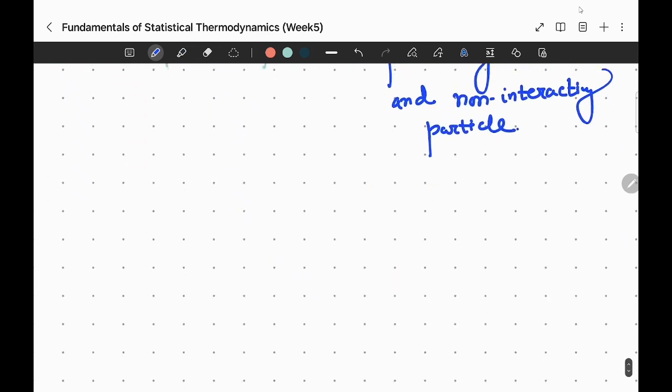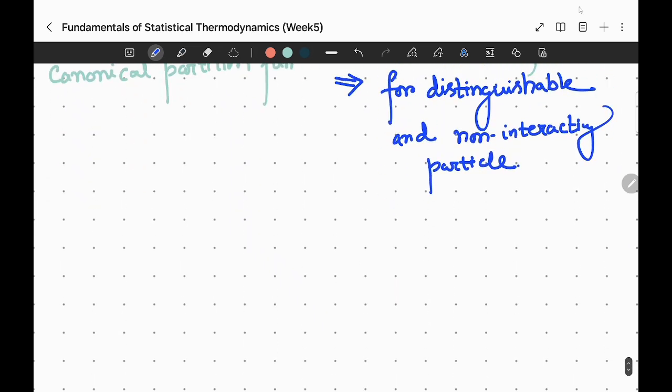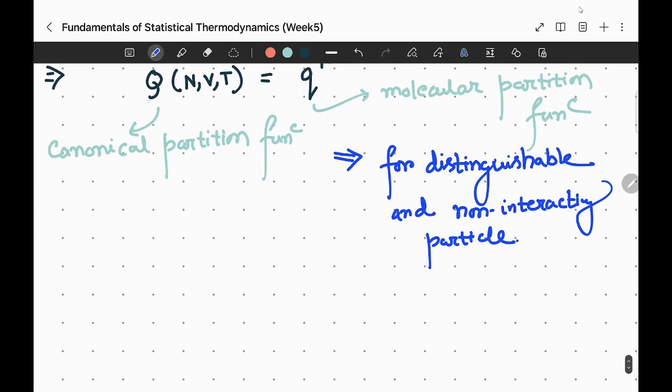Now, if the particles are interacting, then we have to only consider the Q. When particles are interacting, you can't express the canonical partition function in terms of the molecular partition function. That is very, very difficult, not possible.